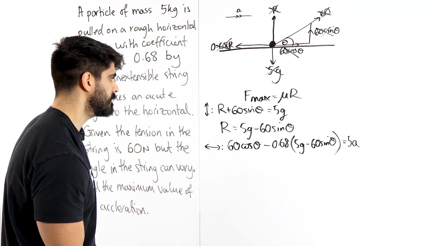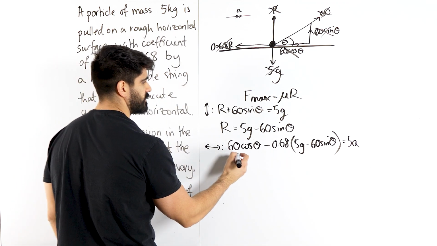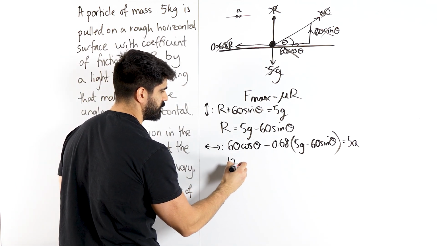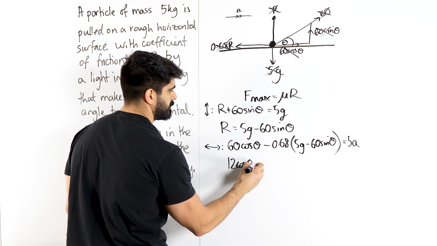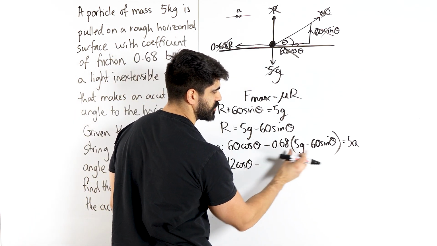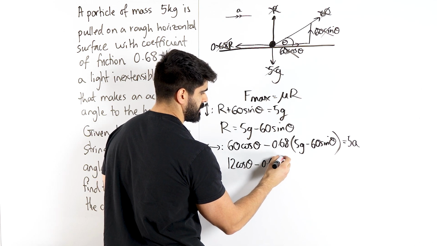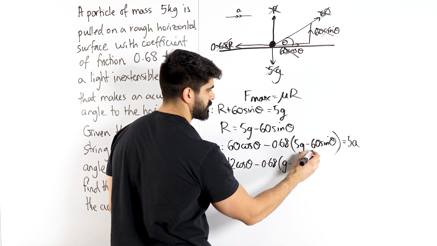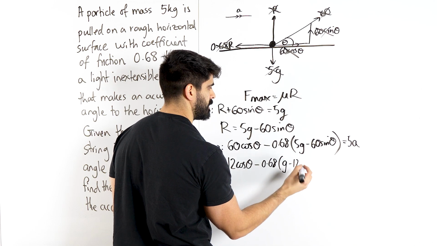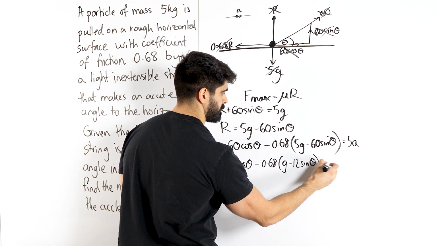Okay, now we're going to divide by 5. The thing about dividing by 5 is I can divide this by 5, which would be 12 cos theta minus, and I can actually divide both of these by 5. Pretend you factorize out the 5. You would have 0.68 g minus 12 sine theta is a.